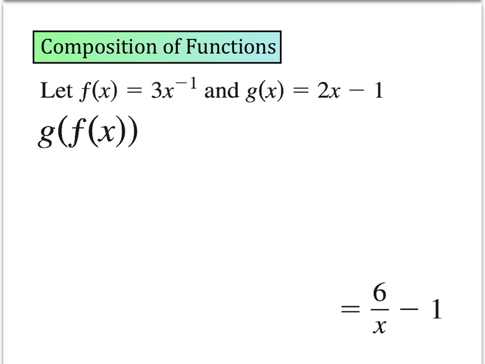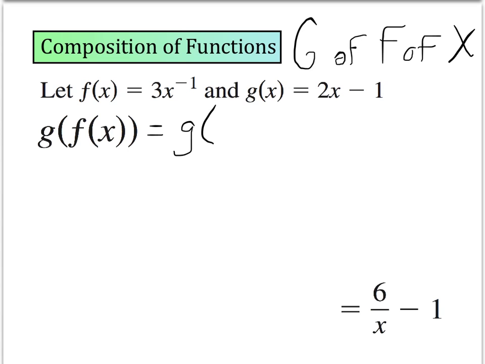In this example we're going to be doing composition of functions to figure out what g of f of x is. Once again we're plugging in entire functions for our x values. So in the function g we're going to be plugging in 3x to the negative 1.